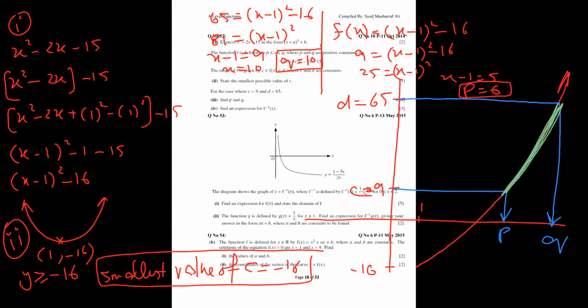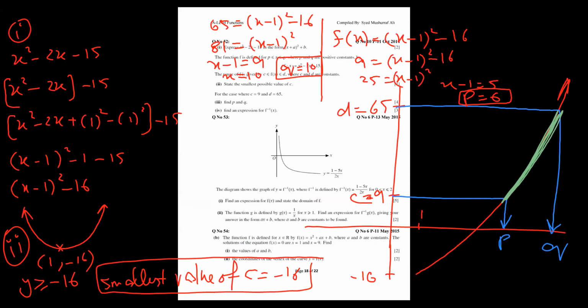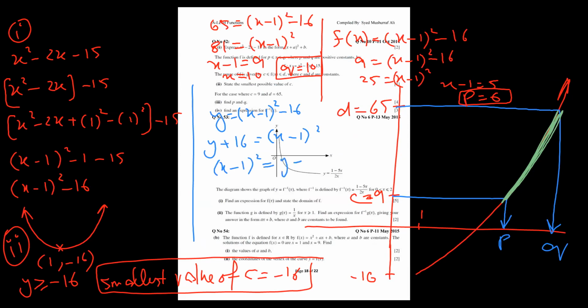I'm finding the inverse in the middle of the page. So I will use this function: y equals (x minus 1) whole square minus 16. So y plus 16 equals (x minus 1) whole square. Side changes, I got y plus 16.